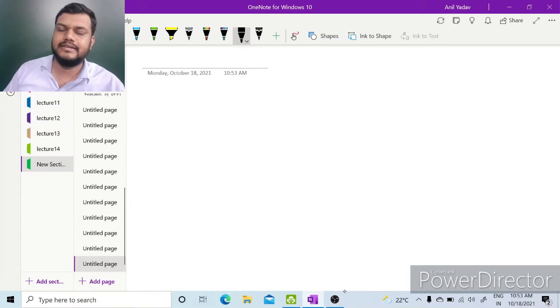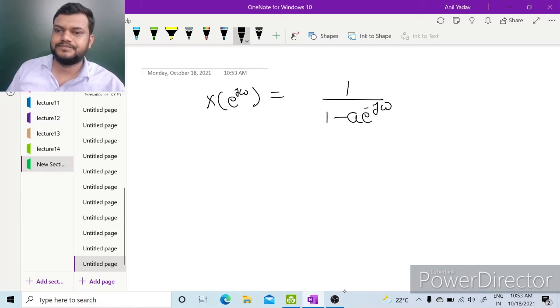So as x(n) is a to the power n u(n), we know X(e to the power j omega) will be 1 upon 1 minus a e to the power minus j omega.